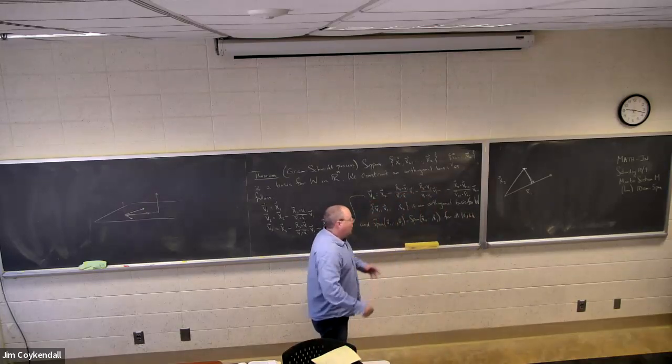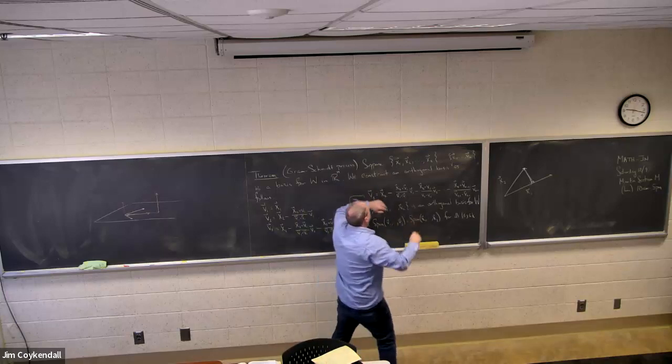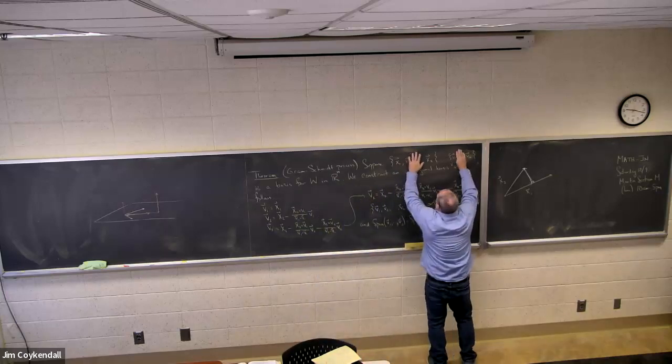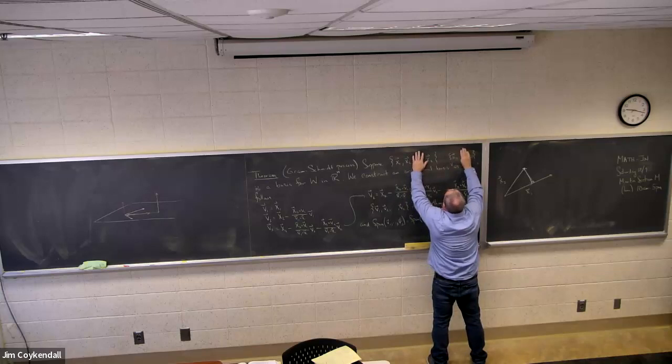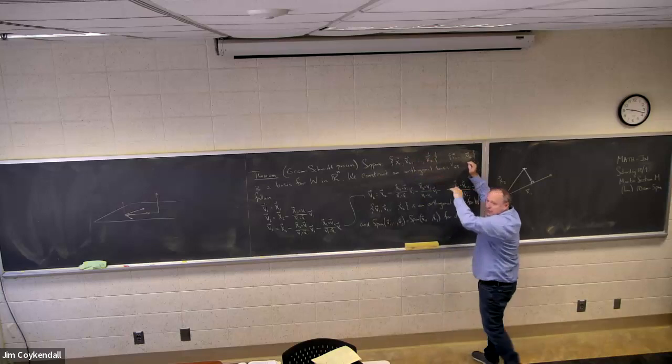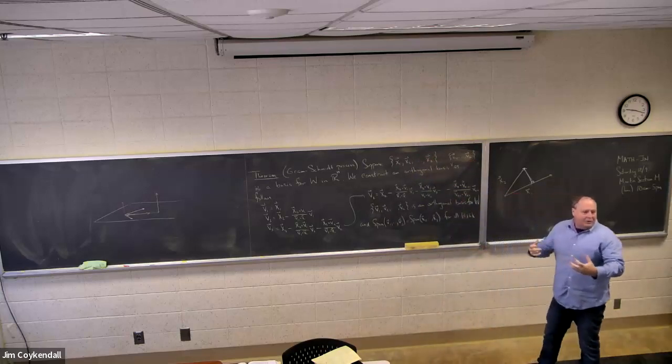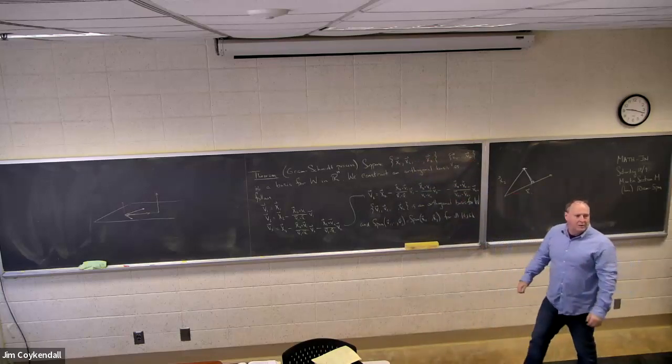So in other words, as you go along the road, the span of X1 and V1 are the same. The span of X1, X2 and V1, V2 are the same. Span of X1, X2, X3 and V1, V2, V3 are the same, and so forth. So you're basically building the same space as you go along.